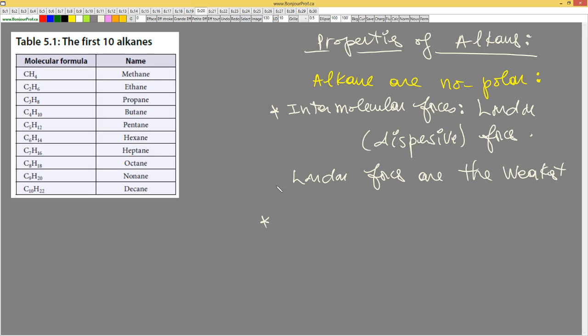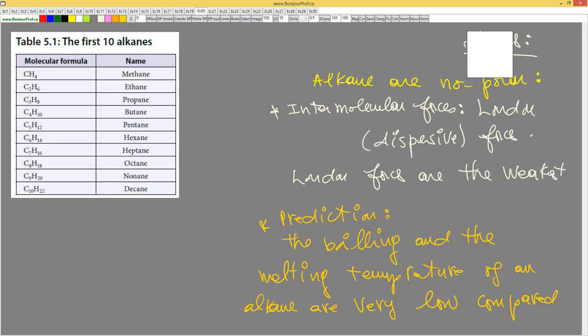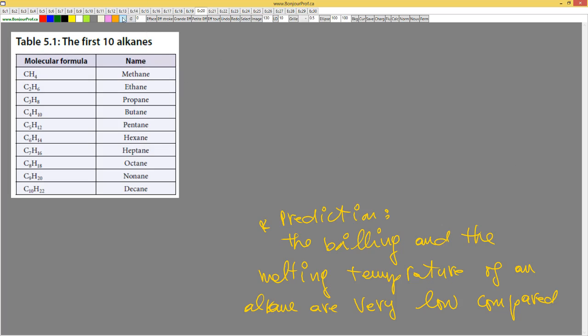So what can we conclude, what can we predict? We can predict the boiling and the melting temperatures of an alkane are very low, compared to a polar molecule with the same size.